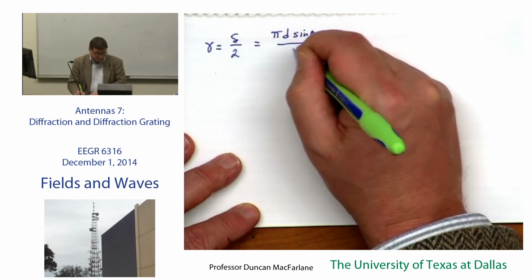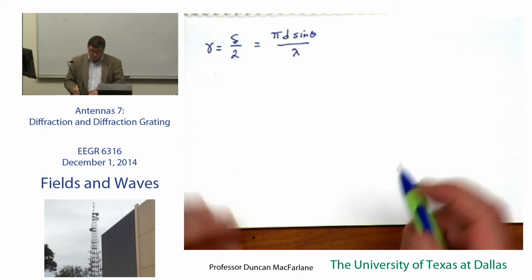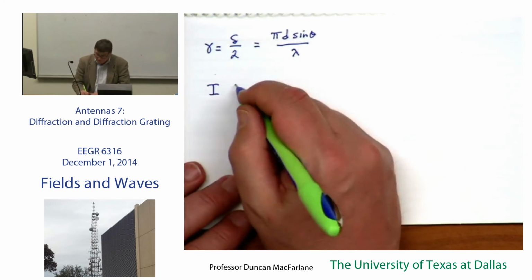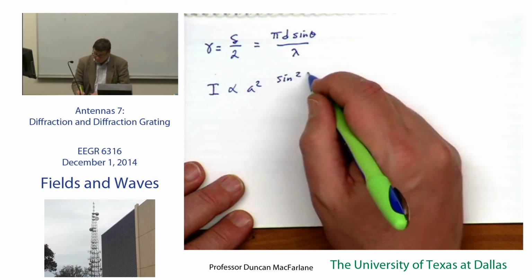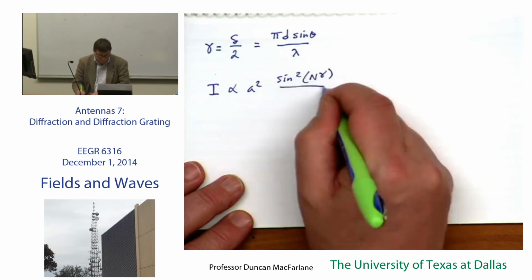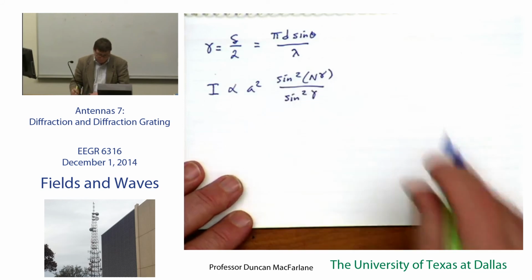That was the distance between adjacent slits. So the intensity is actually proportional to sine squared of n gamma, our same gamma that we had before, over sine squared of gamma.